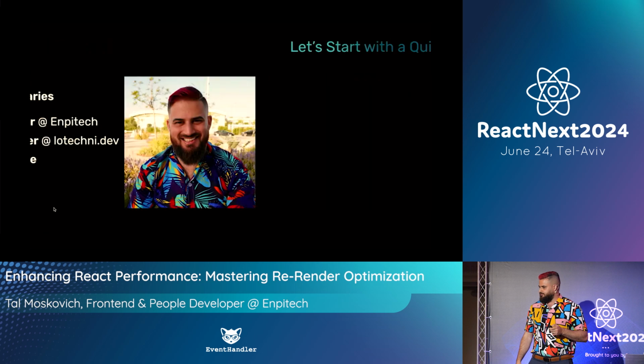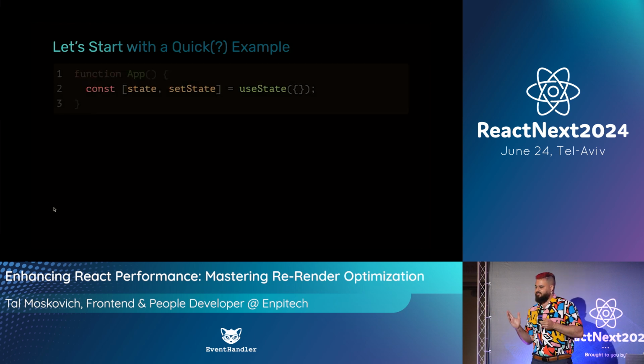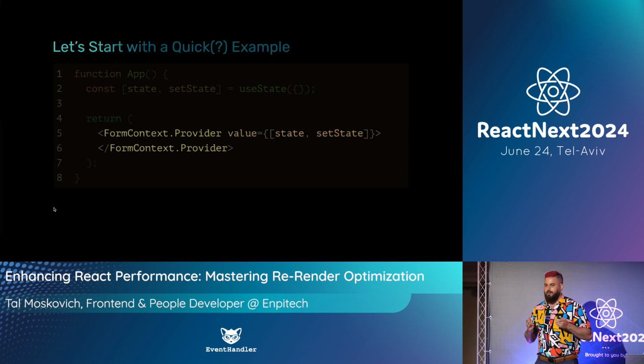So I would like to start with a quick example. Maybe quick, I don't know. In this example, I have, of course, an app, I have a state, and I try to demonstrate a very big app that a provider wraps it all, okay? And two components that use this provider, one that uses this state and one that doesn't.